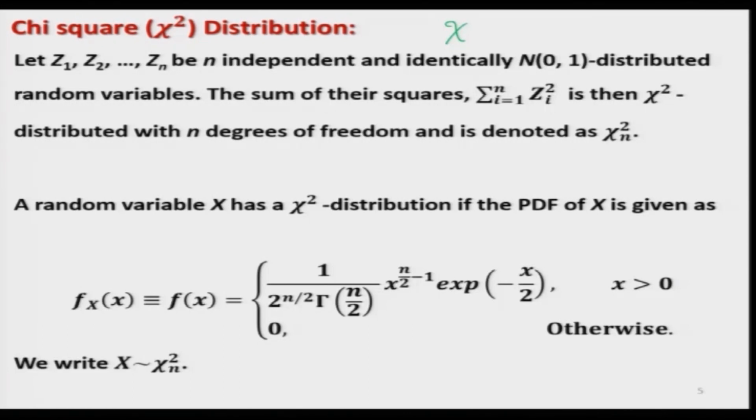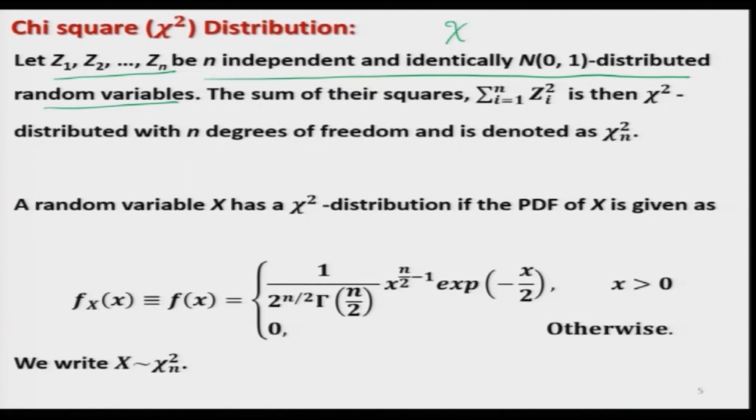So, suppose I say let z1, z2, ..., zn be n independent and identically distributed normal 0, 1 random variables. I have used the symbol z because usually we indicate z to be a normal 0, 1 random variable.